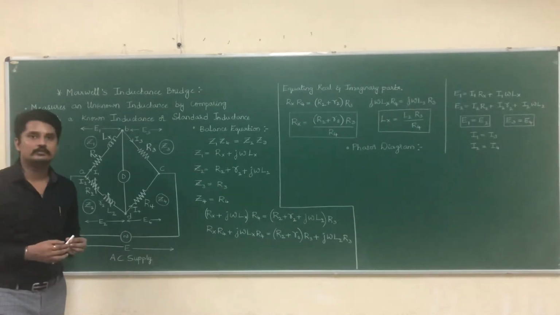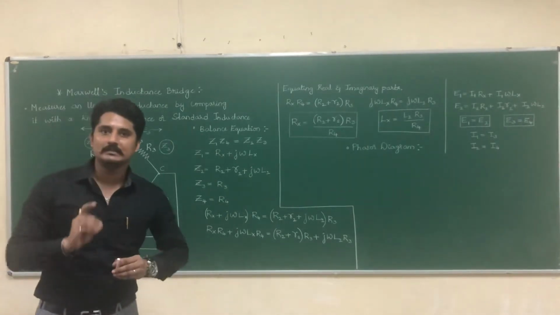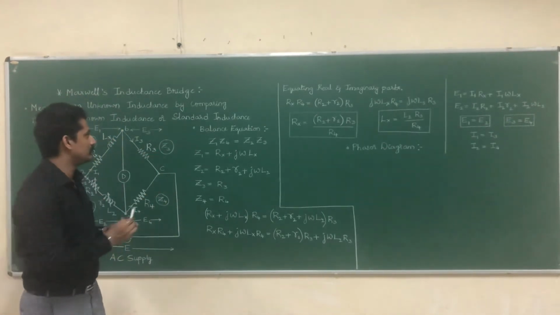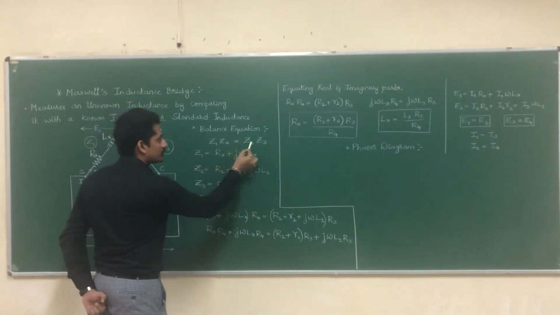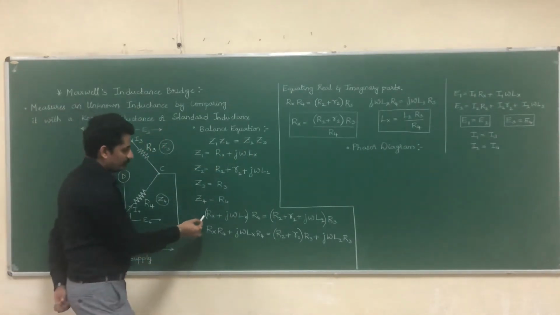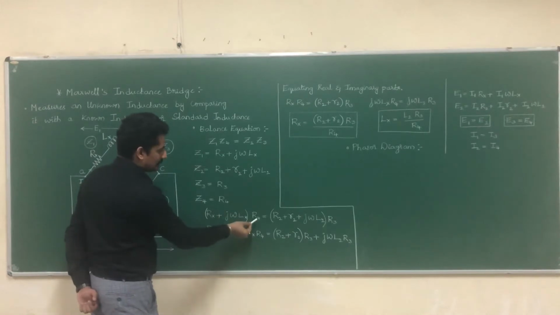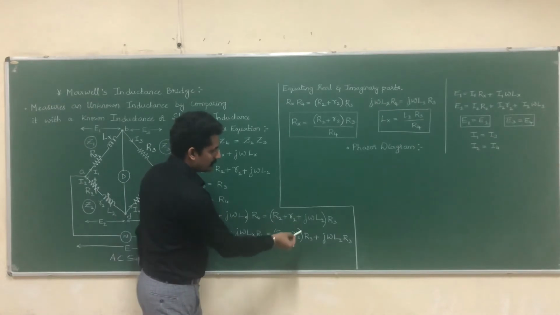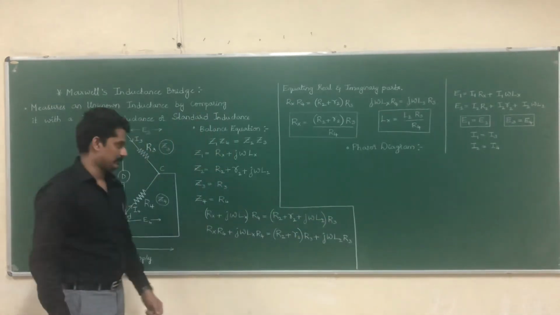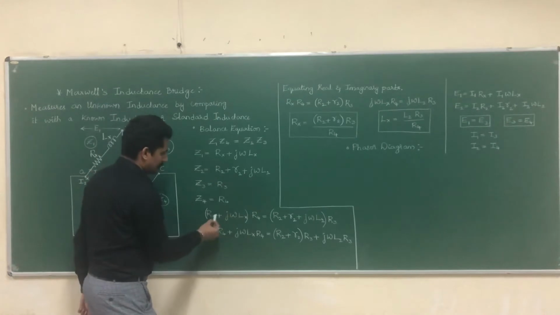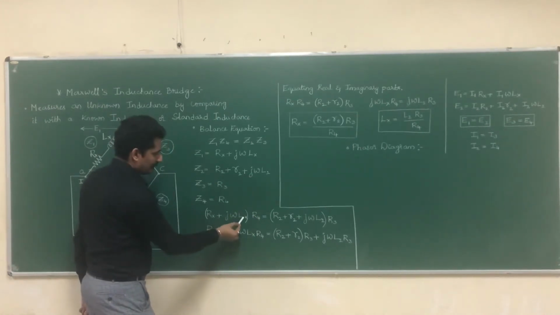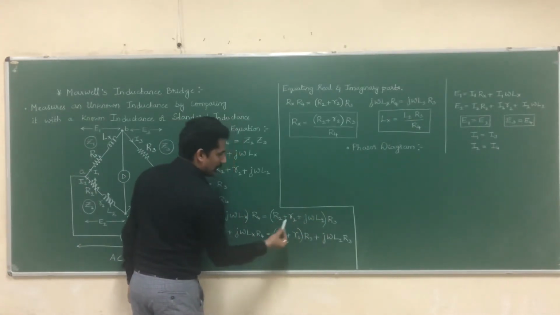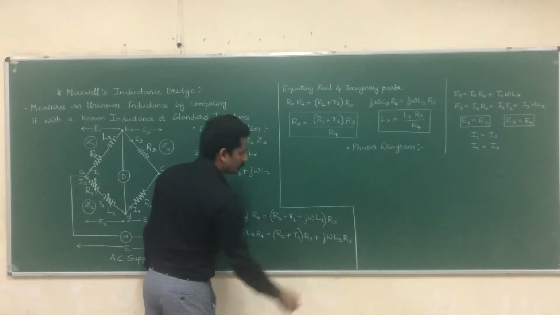Now let us substitute in the balance equation Z1 Z4 equals Z2 Z3. So (Rx plus j omega Lx) R4 equals (R2 plus r2 plus j omega L2) R3. Multiplying, Rx R4 plus j omega Lx R4 equals (R2 plus r2) R3 plus j omega L2 R3.